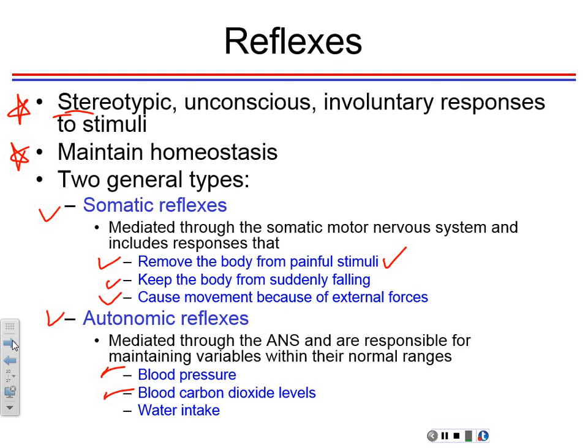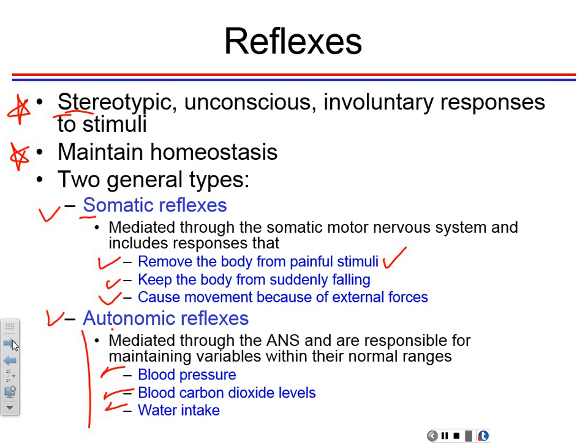You know how you get rid of carbon dioxide and get oxygen. Okay, and water intake, and so forth. Okay, controls those glands and antidiuretic hormone, and all those things that maintain water balance. So, think digestive, think blood pressure, think all that for automatic reflexes.